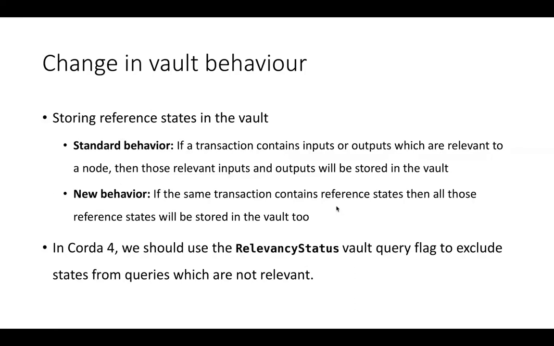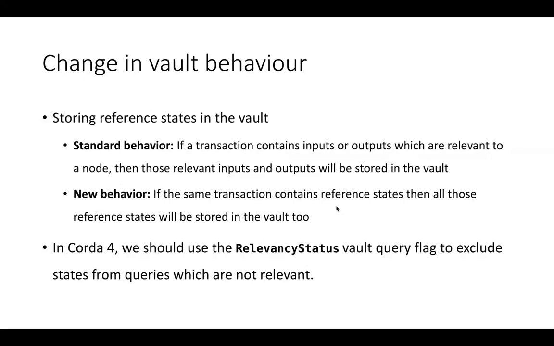And if you perform a Vault query with relevancy status only relevant, then the query will only return those states which are relevant. So let's say someone uses a cache state as a reference state in a transaction. You will then store that in your Vault, even though it's not relevant for you.